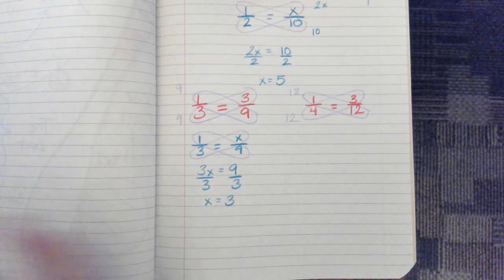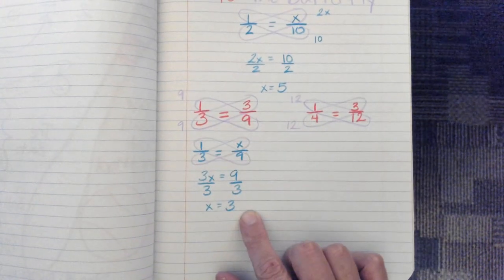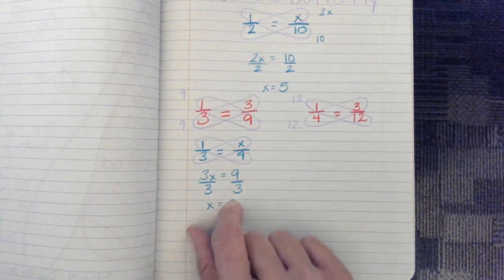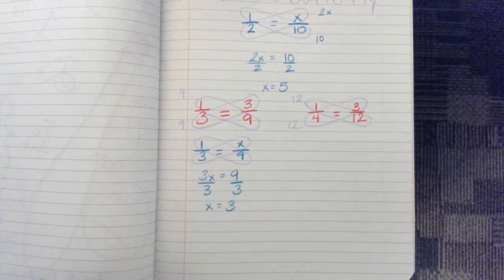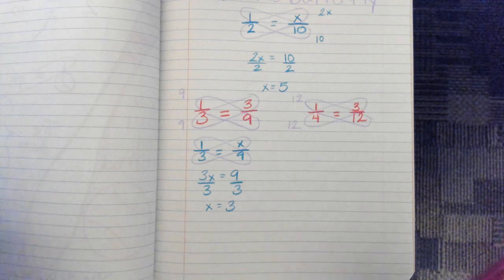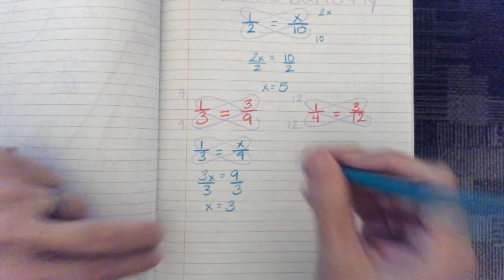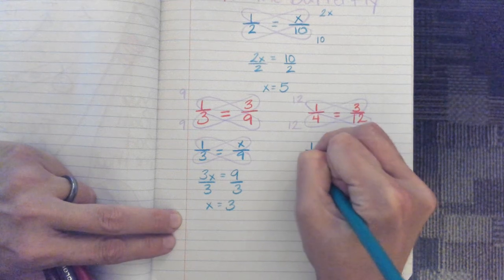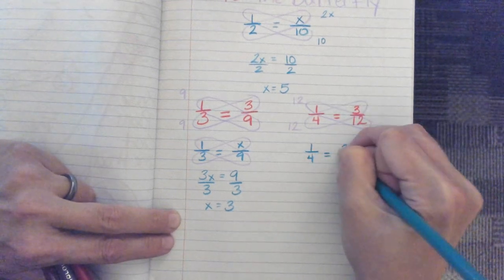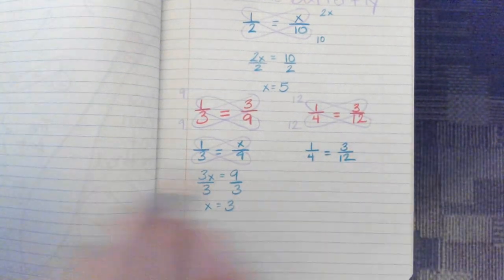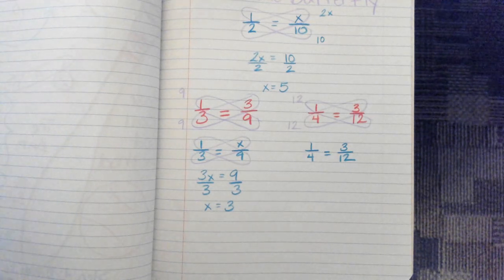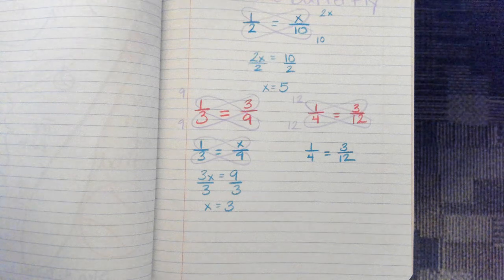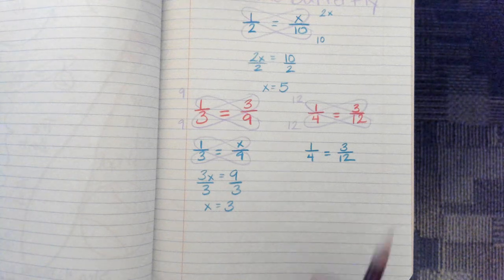But what I found with the butterfly was that people got confused, like, so I've got this 3 times a number equals 9. So I went and talked to some other teachers, and I was like, how do I do this? And they were like, use the baseball bat. So now I'm going to do the baseball bat for you, because it's just simpler. Oh, I just put the 3 there.